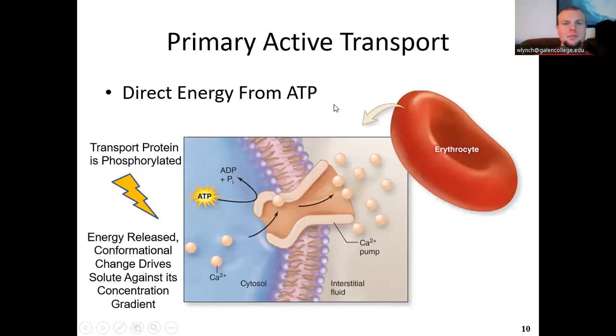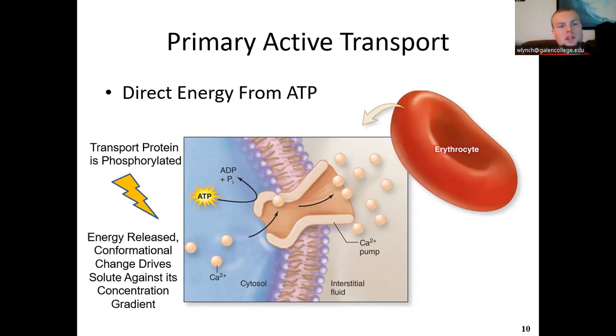So here's our example. For primary active transport, this example is showing a calcium pump. This calcium pump is moving calcium from an area of low concentration inside of the cell to higher concentration outside in the interstitial space. To do this, we are utilizing ATP, again, adenosine triphosphate. This is our main form of cellular energy.